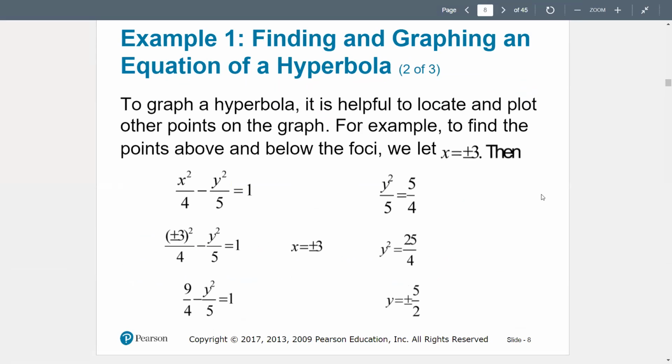So then to graph the hyperbola, we want to locate and plot some other points. We're going to look at points that are above and below the foci, so we're going to use both plus and minus 3.